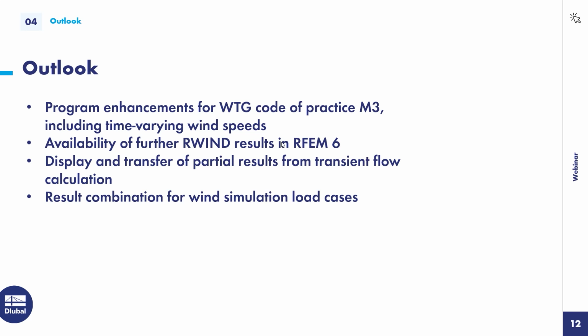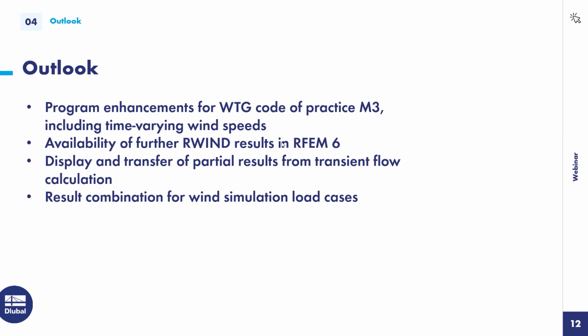Then we are working on bringing the partial results from the transient flow calculation to RFEM 6, and that includes first the display and then also the usage of those single time steps in a static analysis later on, or dynamic analysis. This is quite a big thing, so it will take some time, but we are working on that.